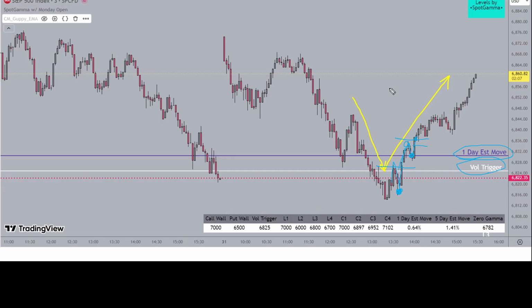Why? Because we are in a positive regime, okay? And also, if you use the 0 DTE levels, you want to see big bars in the 0 DTE levels, and downside in the negative GEX regime, you want to see few negative gamma levels with lower gamma.